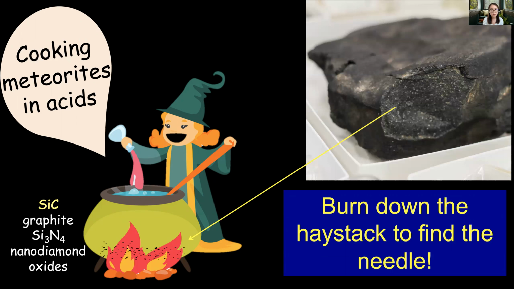Then the acid residue consists of concentrated pre-solar mineral phases, and this greatly reduces the time and the cost of finding pre-solar grains. This technique is described as burning down the haystack to find the needle. And the silicon carbide grains we will be examining in the rest of the lecture were all extracted from primitive meteorites using this method.